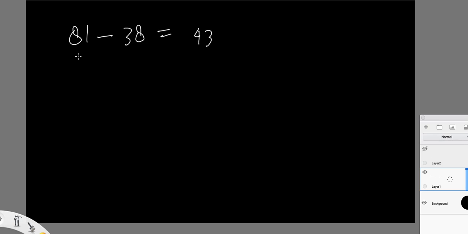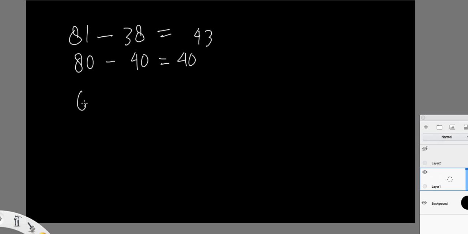In the estimating method, we round 81 to 80 and 38 to 40. We get the answer 40. 40 is a bit close to 43, because 43, if we round it, will be 40.